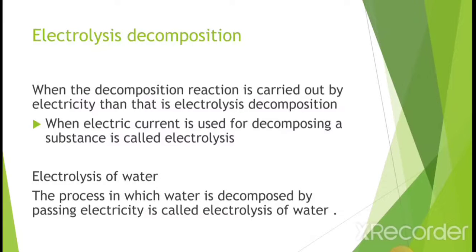The process in which water is decomposed by passing electricity is called electrolysis of water. This is a process in which water, H2O, is decomposed, that is, hydrogen and oxygen are separated by passing electricity. It is called electrolysis of water.